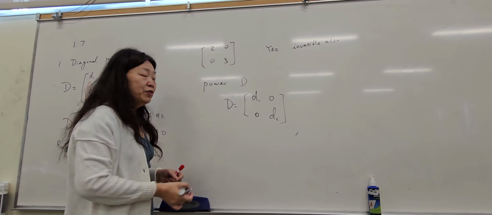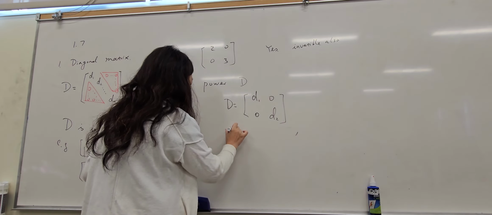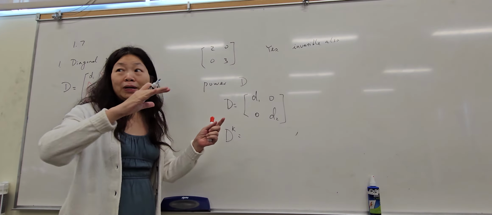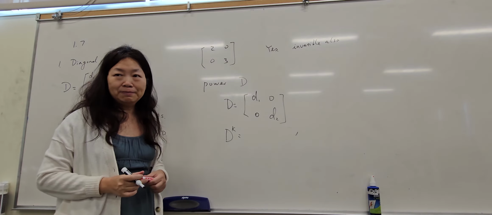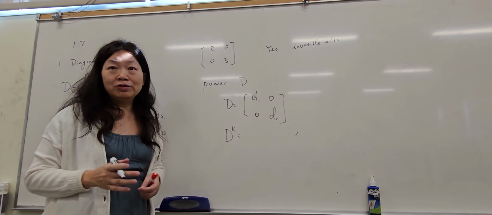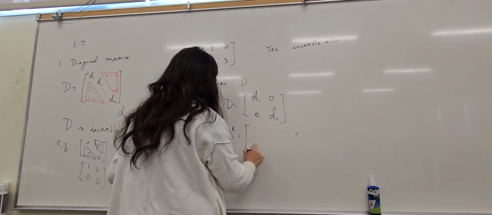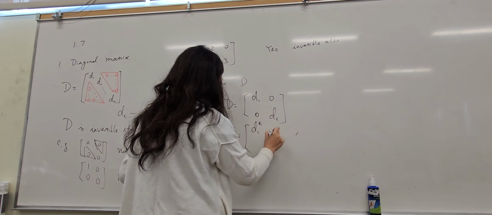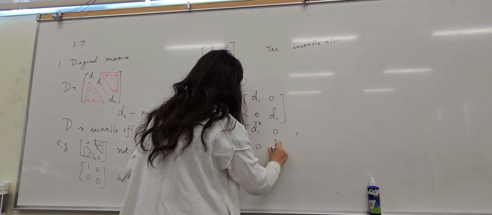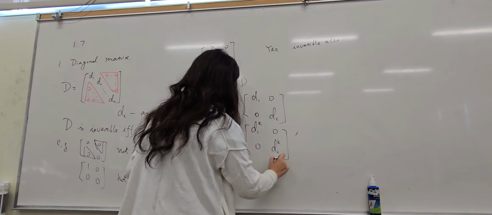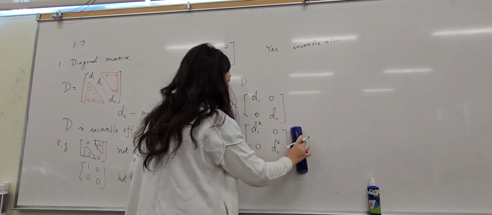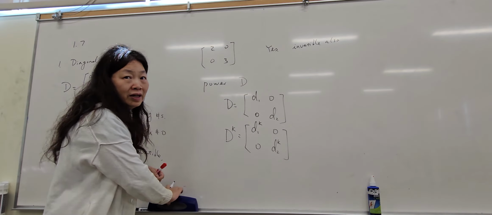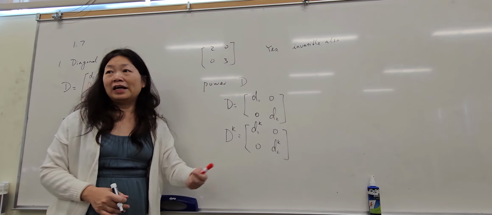If I want to take the power of D, remember last time we did the power before, we had to multiply the matrix how many times? Remember that? Now you no longer need to do that. You just need to power the diagonal. You guys follow me here? You just need to power the diagonal, then you're done.